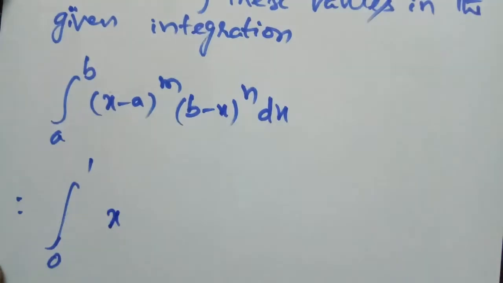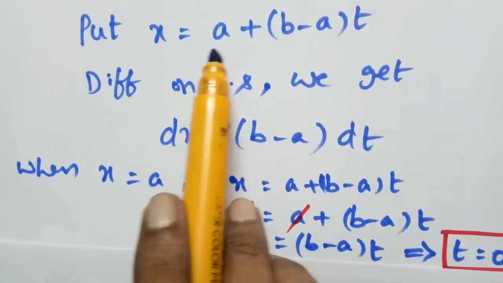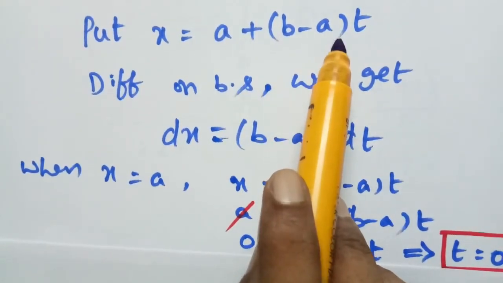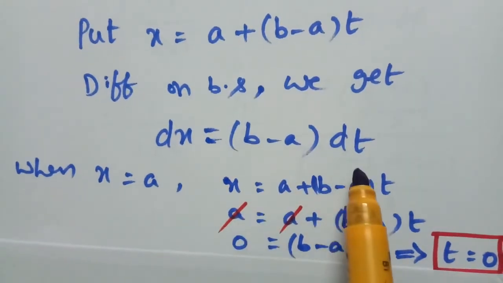So we assumed x is equal to a plus b minus a into t, and dx is equal to b minus a into dt.